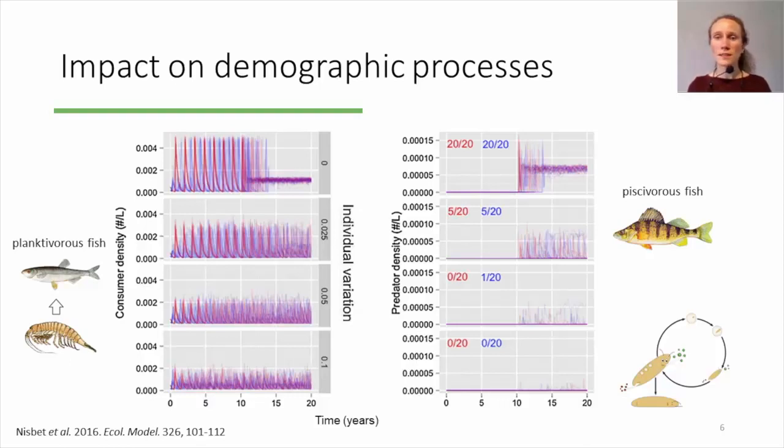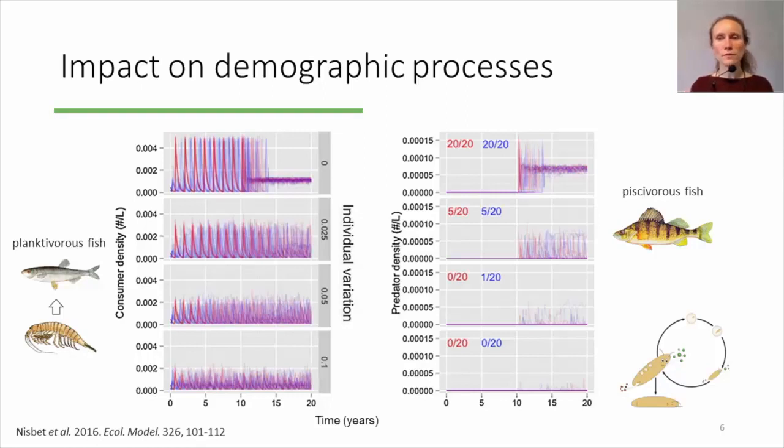So what happens is that before the top predator is introduced, you have huge oscillations in the population. And then, around the middle of the graph, you see the introduction of the top predator, which stabilizes the population oscillations to a low level in the consumer population, and then the piscivorous fish achieves quite high population density.